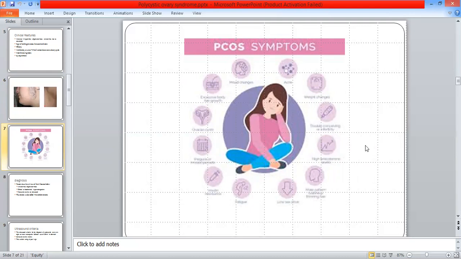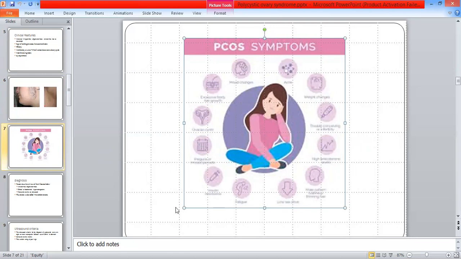Here are some features like acne, weight changes, mood changes, decreased libido, ovarian cyst, abdominal pain, and excessive hair growth. This picture is showing the symptoms of polycystic ovary syndrome.